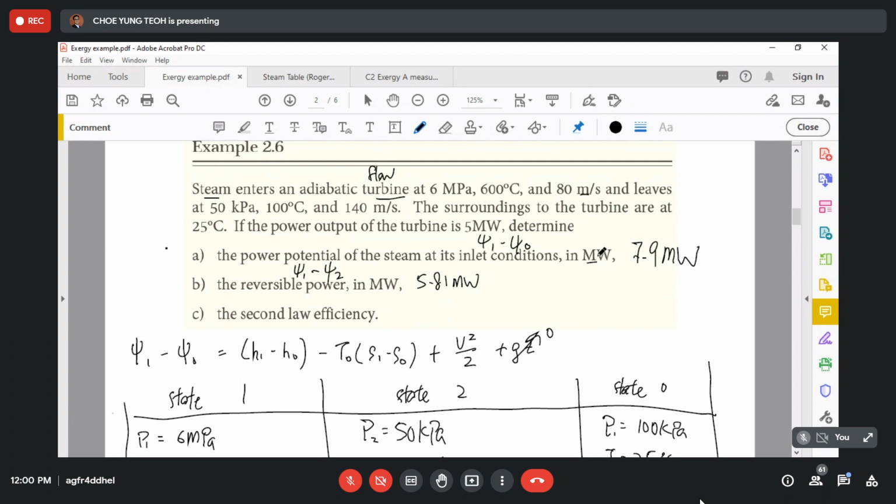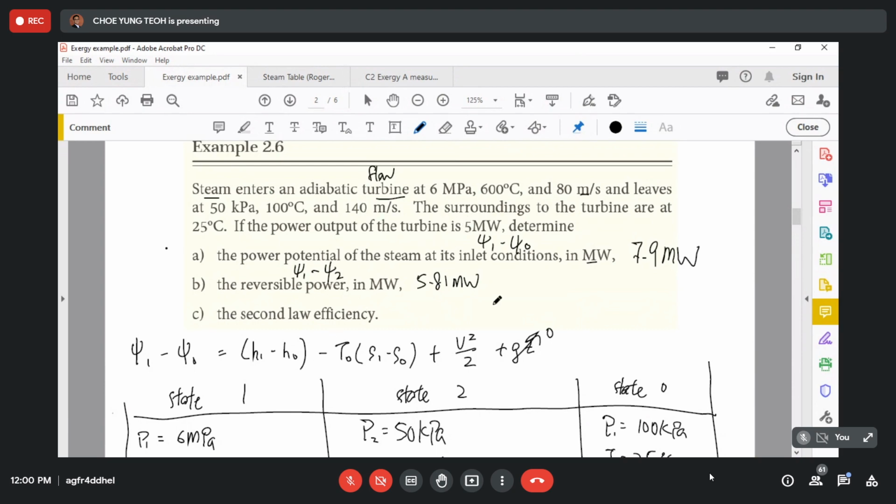And 7.9 megawatt comes from the potential of the steam from state 1 to state 0, where we do not know when you want to stop. So 7.9 megawatt refers to the exergy for the entire system, sorry, for the inlet steam. But B just refers to the exergy change between 1 and 2, or the maximum possible output between this process. And then 5 megawatt refers to the actual power output.